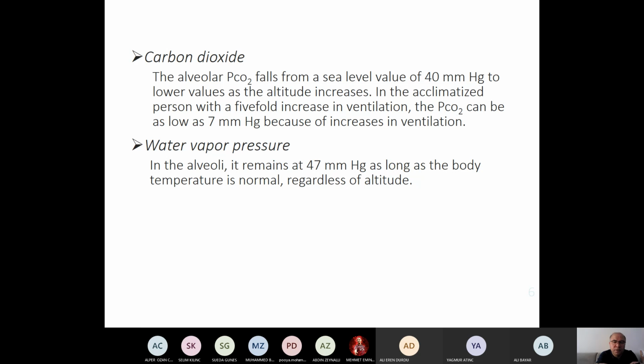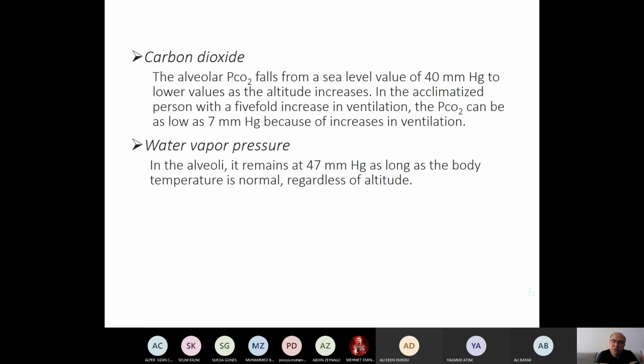What happens then if carbon dioxide concentration goes down? Carbon dioxide is a toxic gas, and we are already sending it out by our expiration. It can be low, it's okay for us, you can think, but that's not the case, because carbon dioxide is required to stimulate respiration.